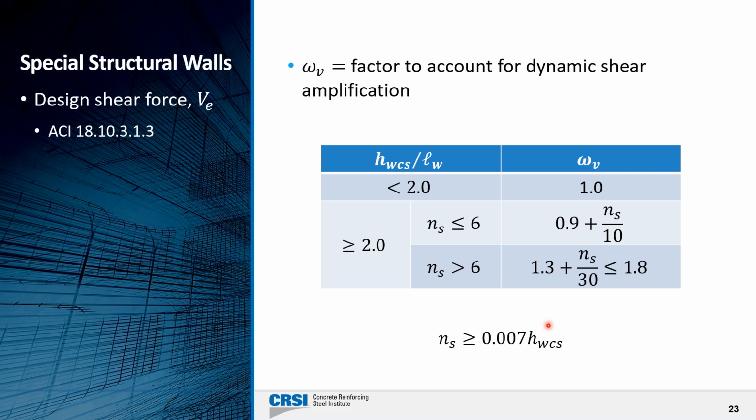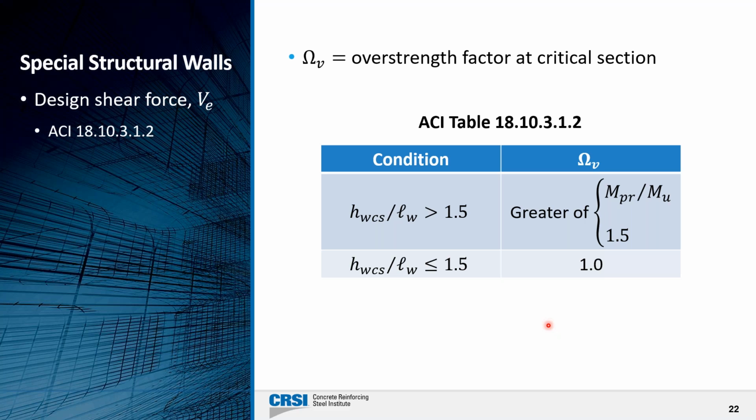Now, it can be a lot of work to determine all of this. This omega sub V isn't all that difficult to determine. But if we go back to the slide that shows the calculation of capital omega sub V, M sub PR depends on the axial force that you have in the wall for the load combinations that include seismic.